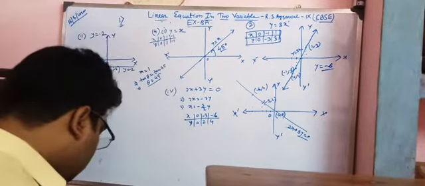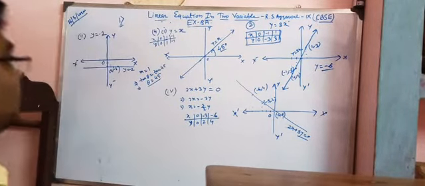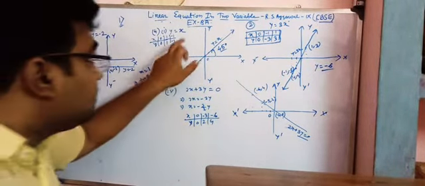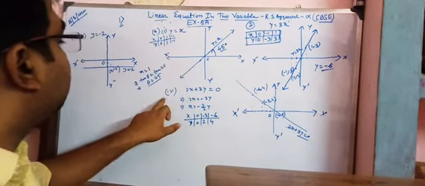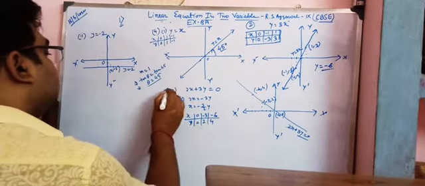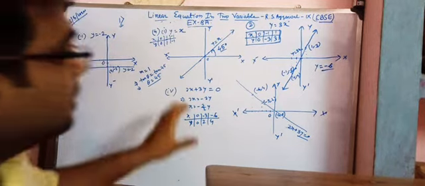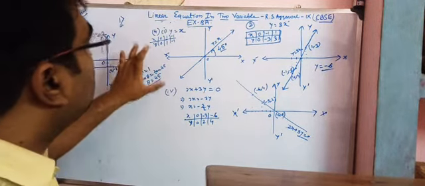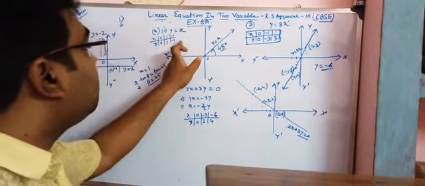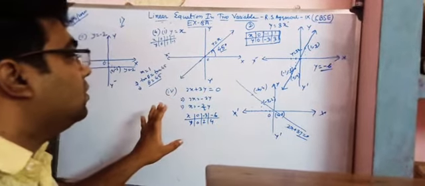Now one thing we have to observe here, from question 1 and this question number 4, that in these two equations the constant term is not present, c is not present here.